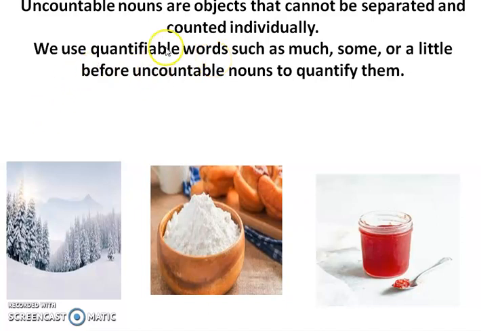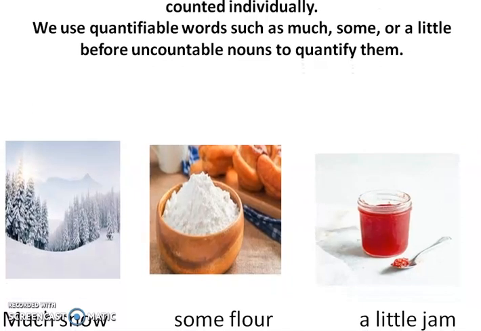We use quantifiable words such as much, some, or a little before uncountable nouns to quantify them. The quantifiable words are the same as the quantifiers, if you remember we talked about them in the warming up. So let's check the examples. Much snow, a lot of snow. Some flour, a little flour. A little jam, some jam.